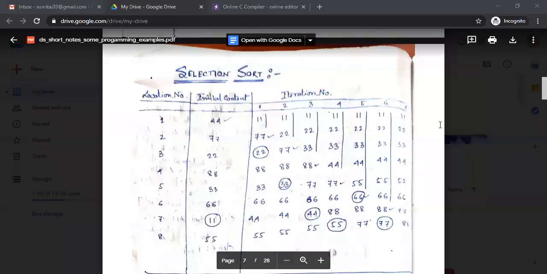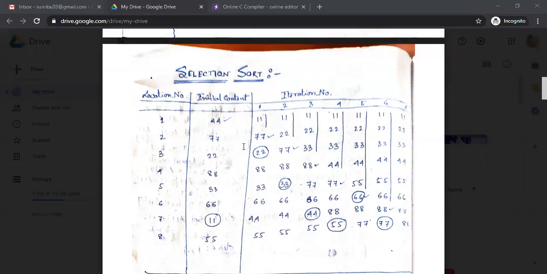Okay, so the same example which we already discussed when sorting elements using insertion sort, I'm taking the same example, and first of all understand how the selection sort procedure happens. See, the same as before, we have n number of elements here, and all those elements are arranged in a random manner.